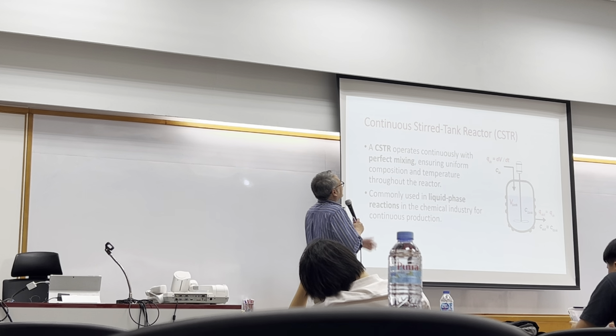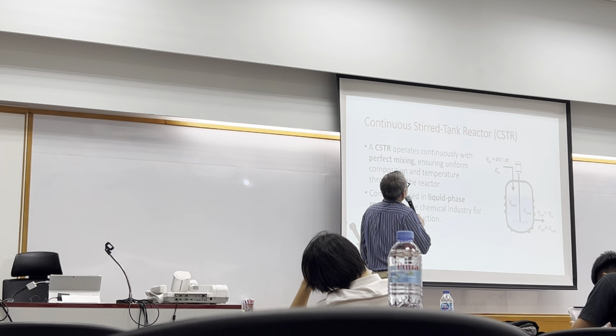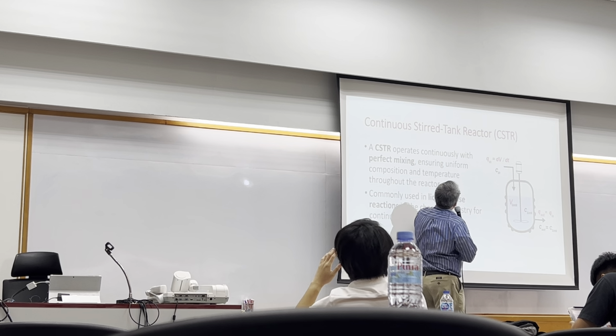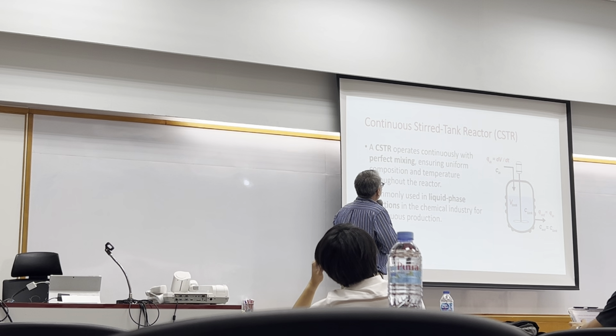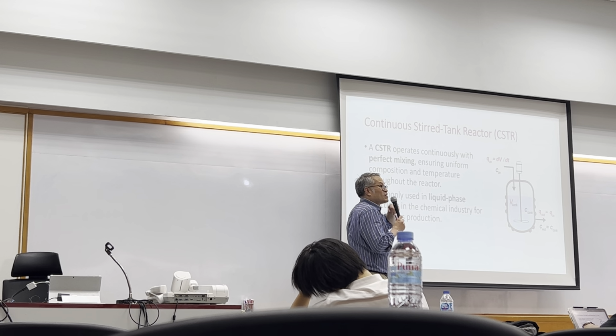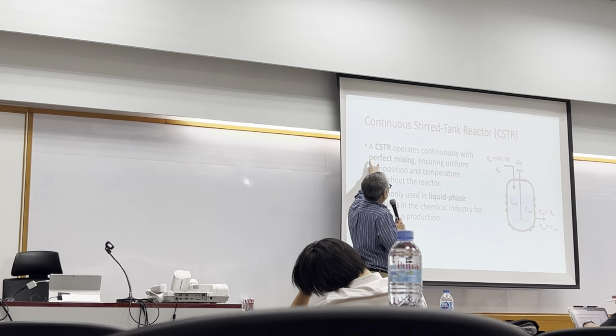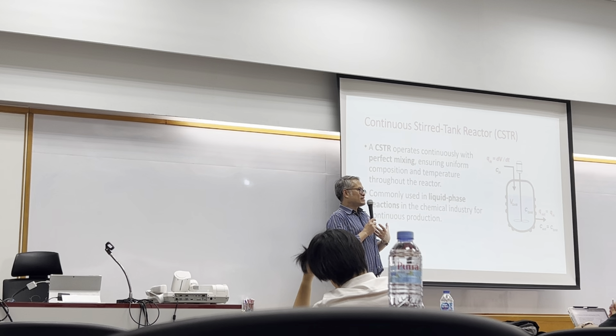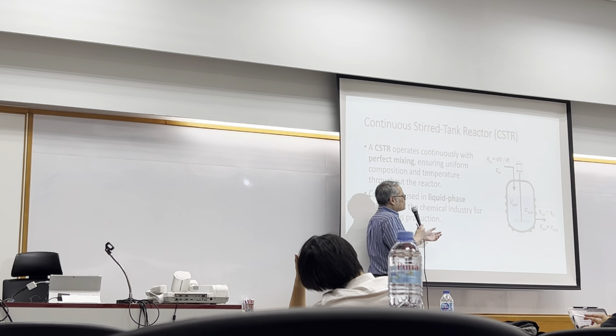So the next one is the continuous stirred tank reactor. I think this hyphen should be here, sorry. So the CSTR operates continuously, so it's in continuous mode, with perfect mixing. I think the batch reactor has a perfect mixing assumption as well. What do you mean by perfect mixing?